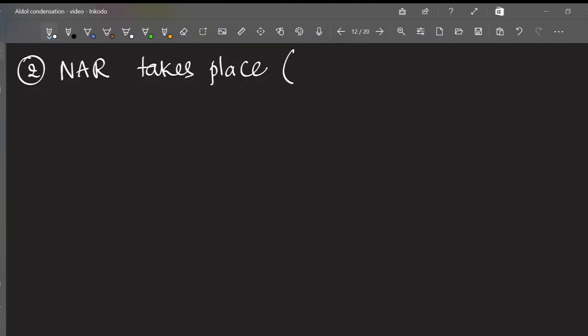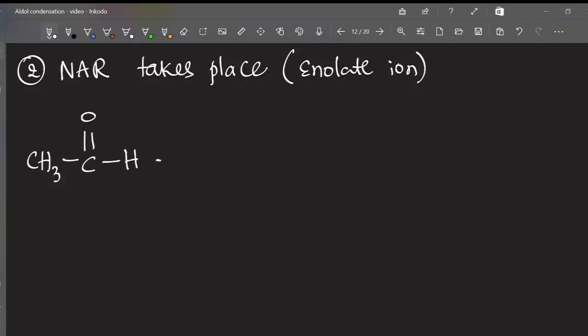Now, who is our nucleophile? It's nothing but our enolate ion itself. It behaves as a nucleophile now. So the enolate ion formed from one of the acetaldehyde molecules will now attack another mole of acetaldehyde.